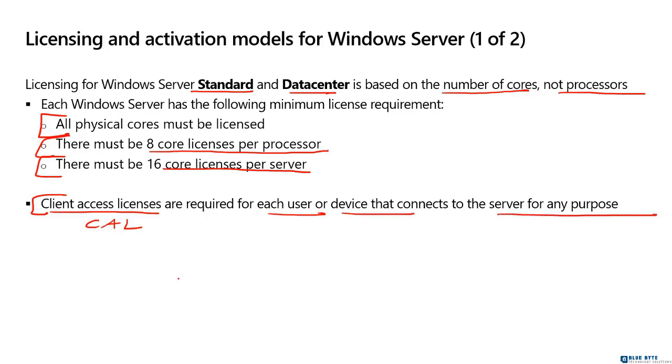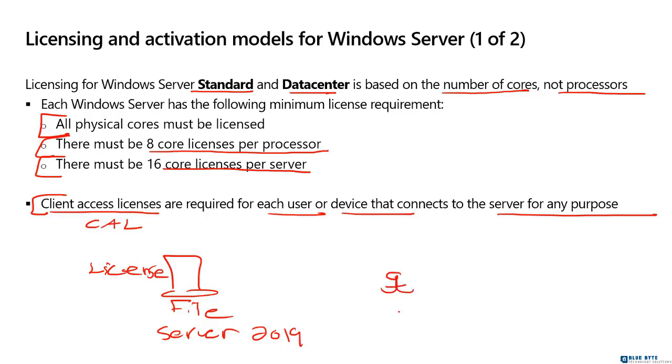An example of this would be, if I have a file server, it runs the OS Server 2019. You have to have a license for the operating system you install on the server. Now you have your users that will connect to shared folders, we'll say.